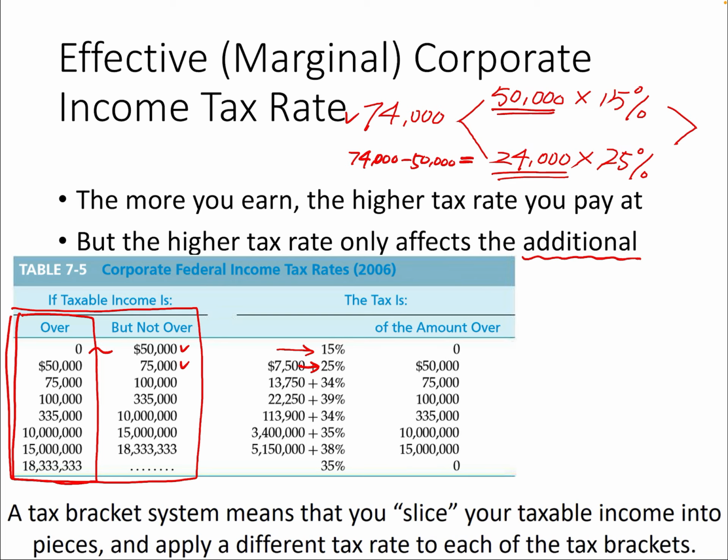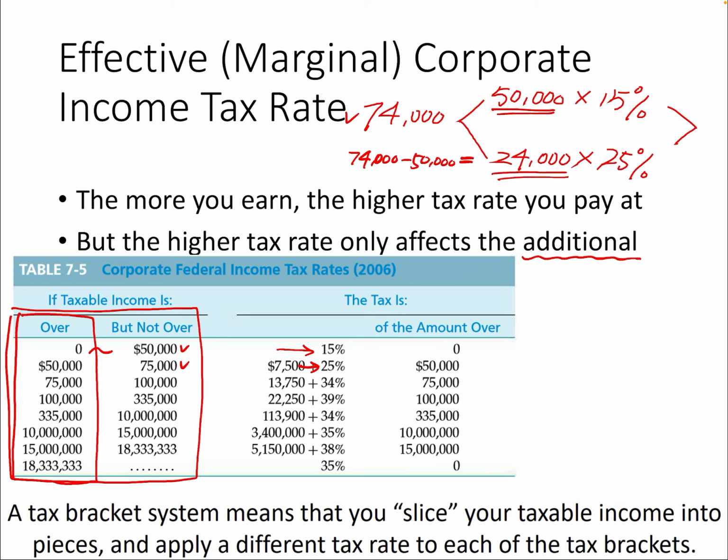Okay, so this is how you calculate your income tax. To simplify this system for you, I think we can think about this table as another table in which you have different brackets to fill up with your gross income.